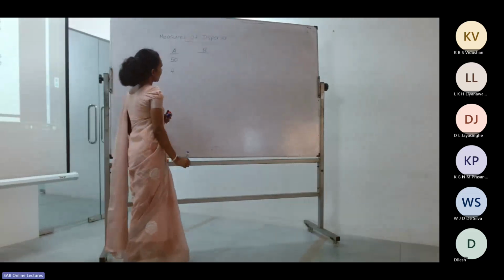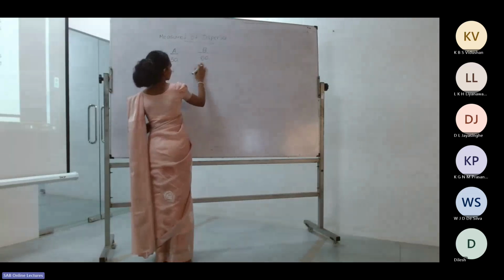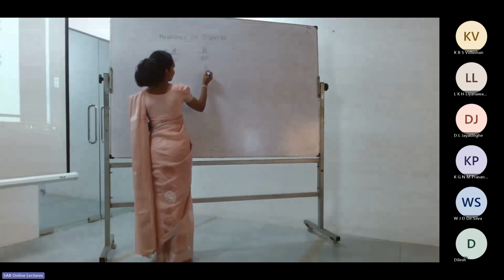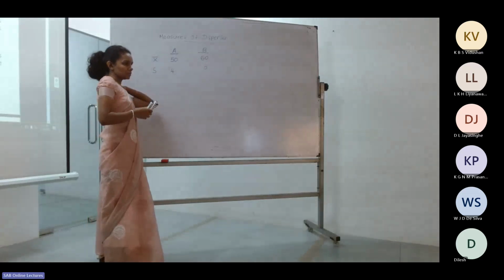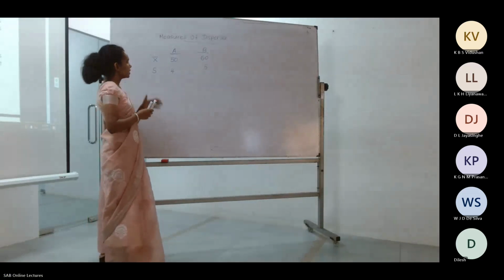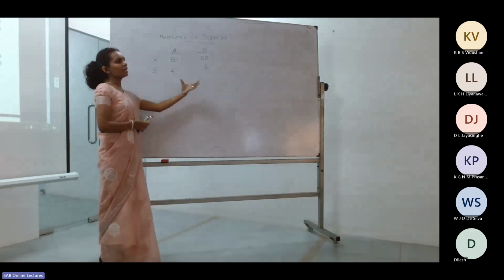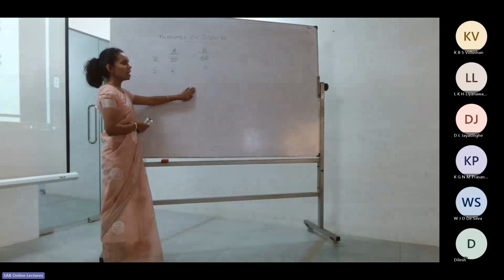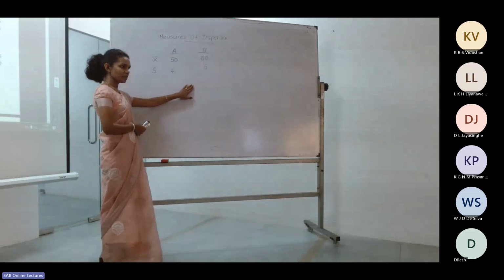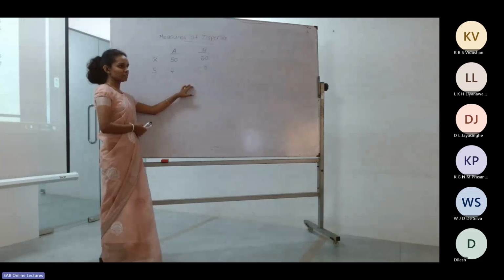In class B, the average value is 60 and the standard deviation is 5. Then we need to compare class A and class B. We need to find out which class is more consistent, and which one has more variation.